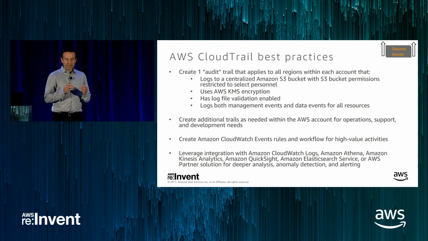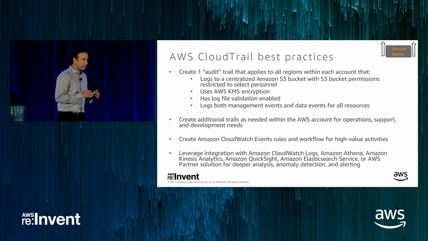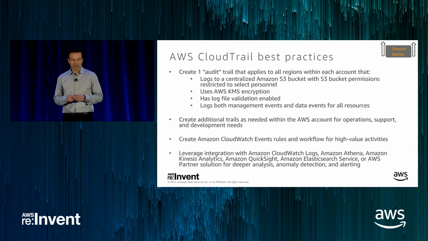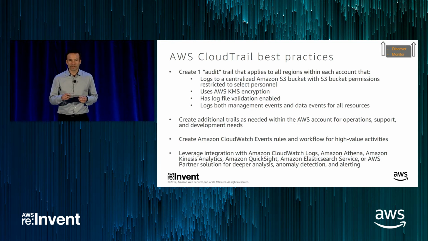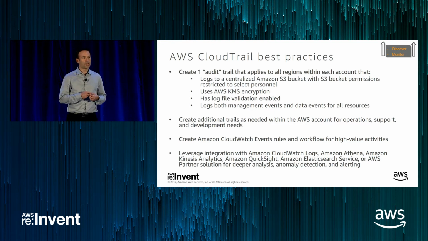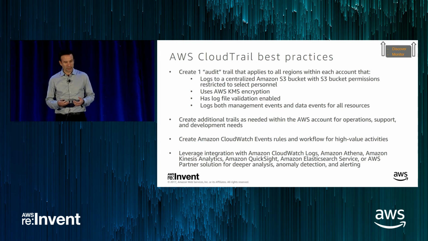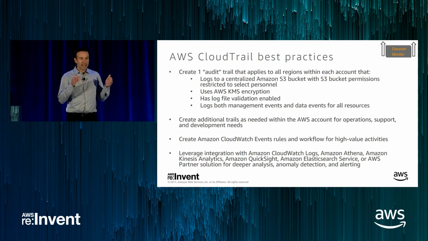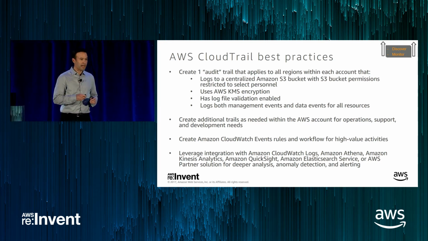So I wanted to spend just a couple minutes around some of the CloudTrail best practices, just because this is such a fundamental service within AWS. The first best practice is you should always have at least one CloudTrail trail that is applied to all regions within every single one of your AWS accounts.